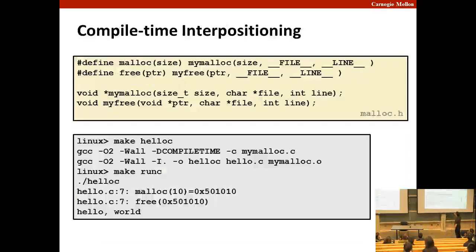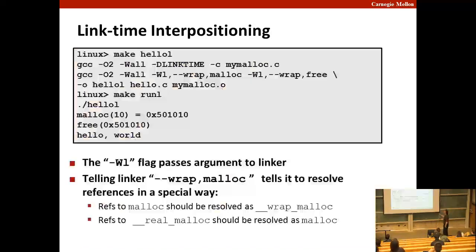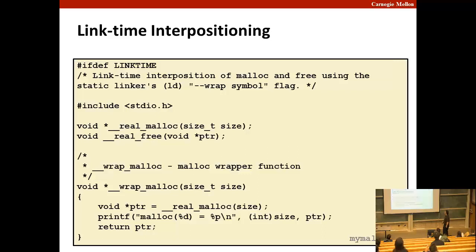So that's one way of handling it. Another way of handling it is to get some help to do exactly this, but using some linker options. The linker option here is called wrap. Dash dash wrap comma malloc. Dash dash wrap comma free. That's asking the linker to do the same thing for us.